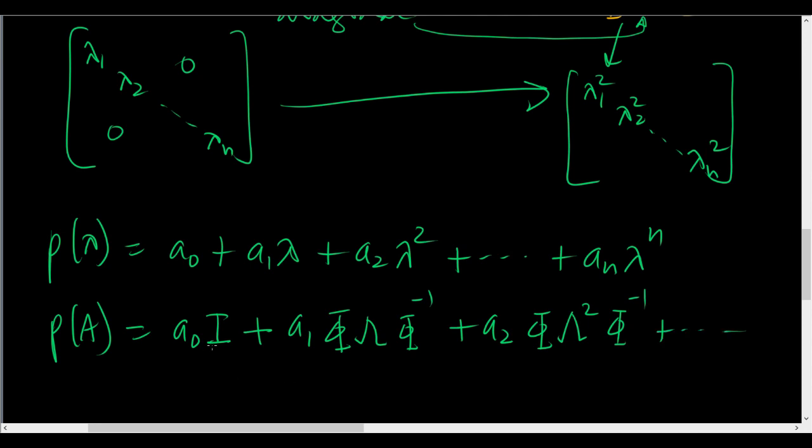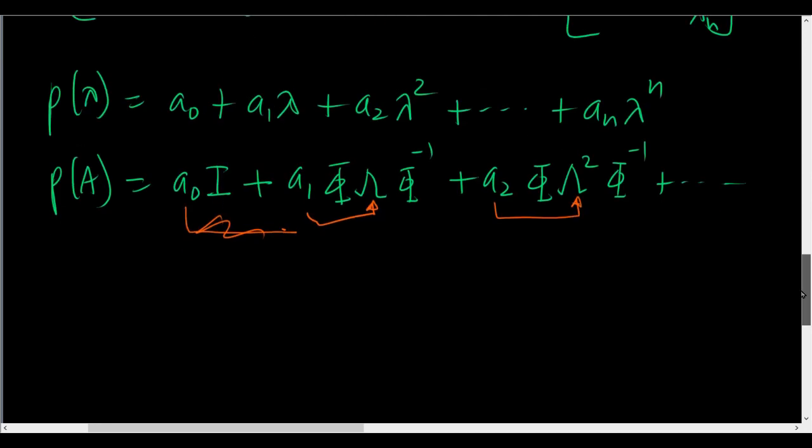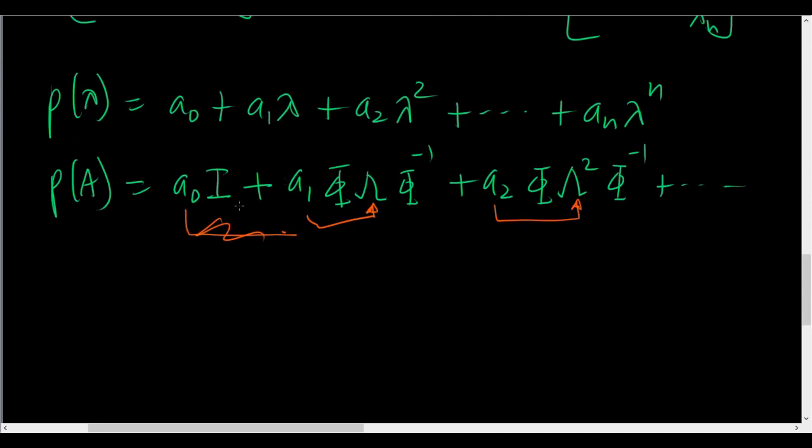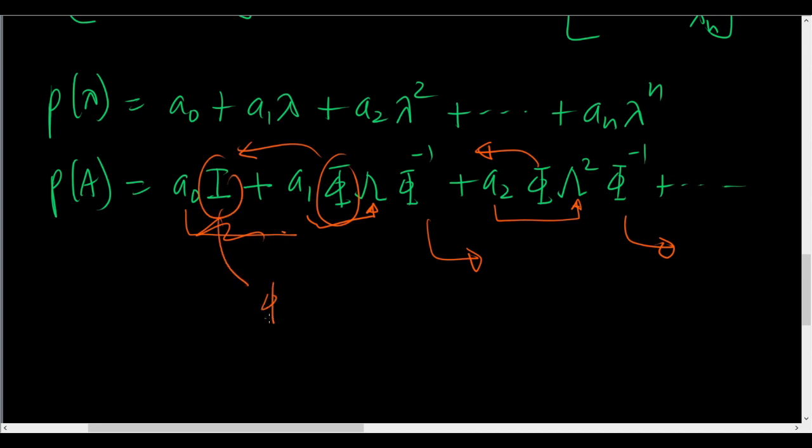And then what you can do is take this coefficient and absorb it into the diagonal, take this coefficient and absorb it into the diagonal, and when you do that, this one comes out to the left, that one goes to the right, and this can be interpreted as phi inverse.